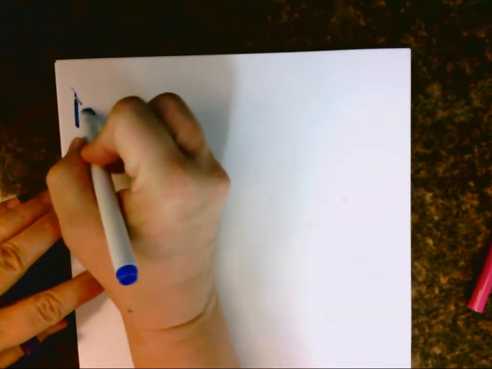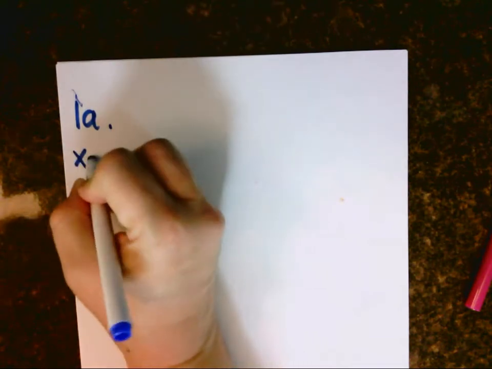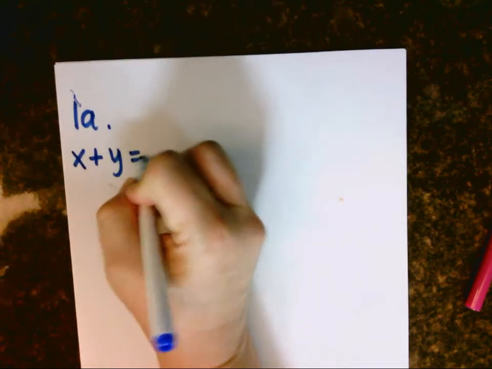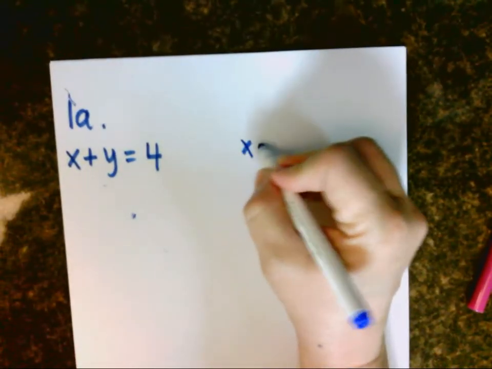So the first set of problems in this set of lecture notes says, number 1A, determine whether the given ordered pair is a solution to the system of equations. So they've given us a system of equations, which means two lines in this case. Here's one line, and we could graph that if we wanted, but they didn't ask us to.